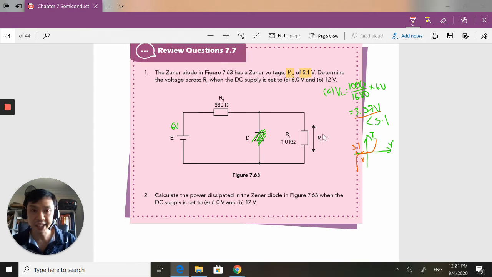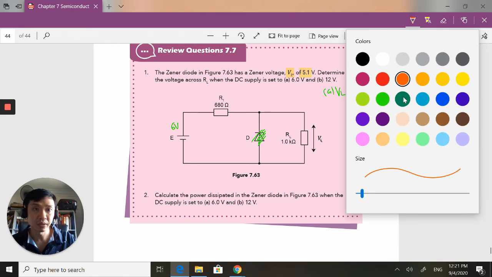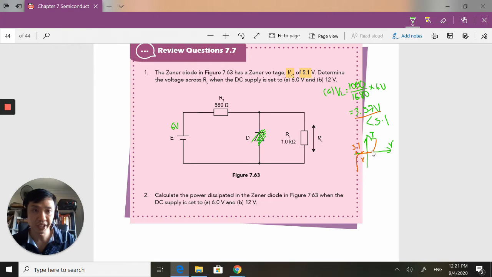So in this case, the voltage across VL stays at 3.57 volts. Basically the zener diode is useless there; it's not doing anything.